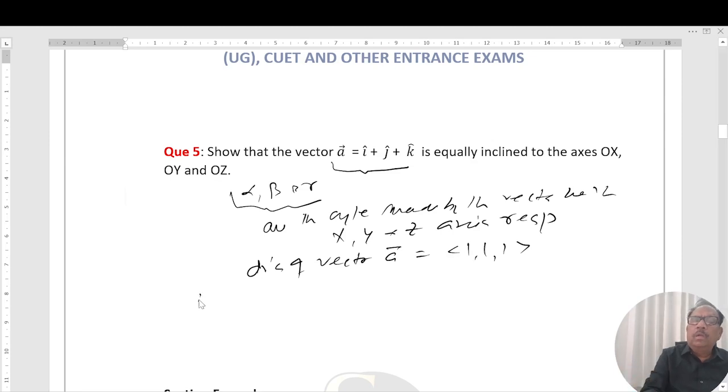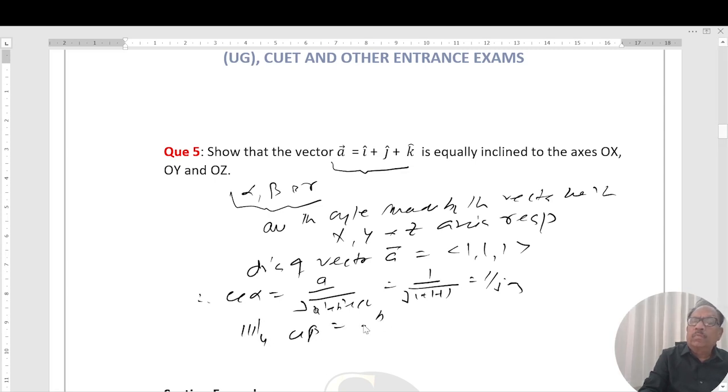Therefore, cos alpha will be equal to a upon under root a square plus b square plus c square, that is 1 upon root of 1 plus 1 plus 1, that is 1 by root 3. Similarly, cos beta equal to b over under root a square plus b square plus c square comes out to 1 by root 3.